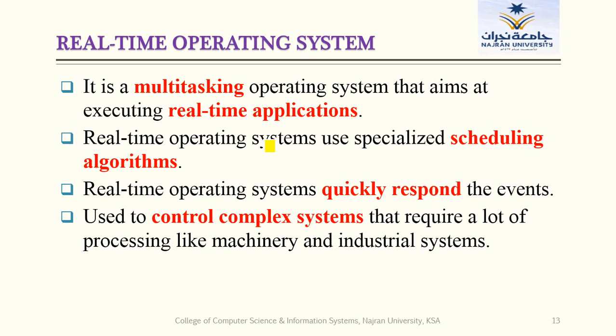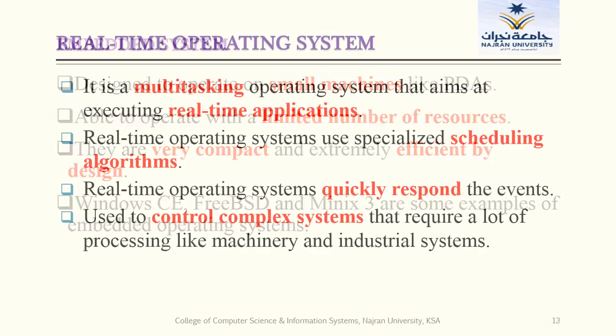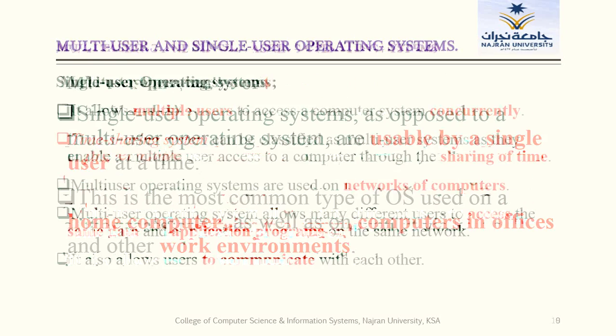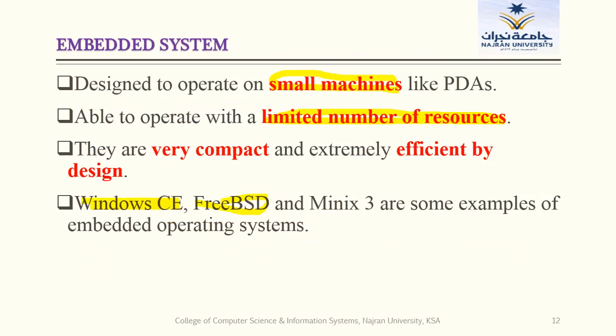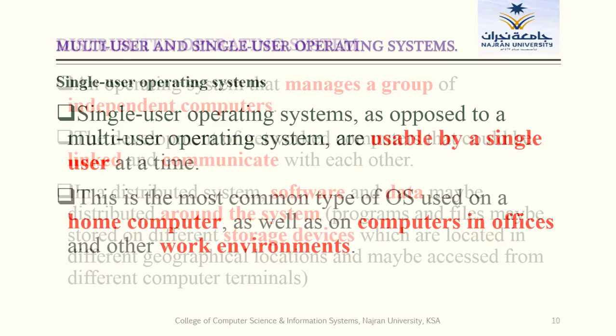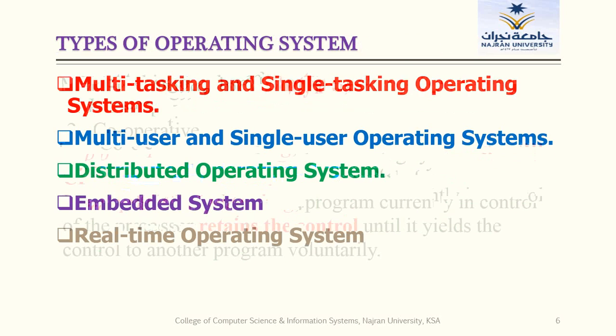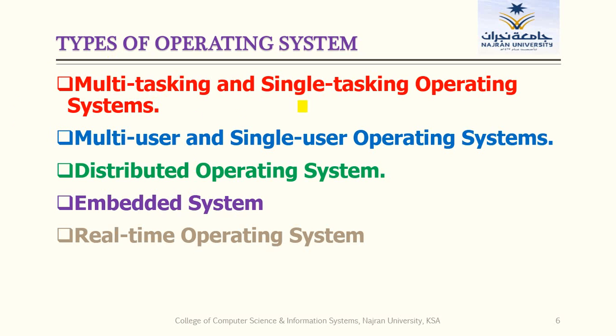Okay, so this is a brief overview of the main types of operating systems. What we have discussed is that we have 5 main types of operating systems: multitasking and single tasking operating systems, multi-user and single user operating systems, distributed operating systems, embedded systems, and real-time operating systems.